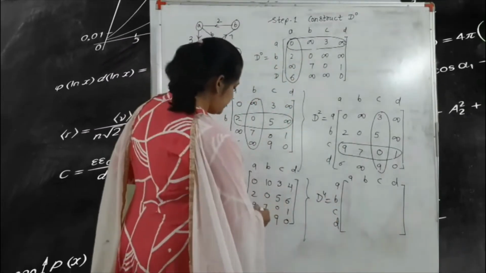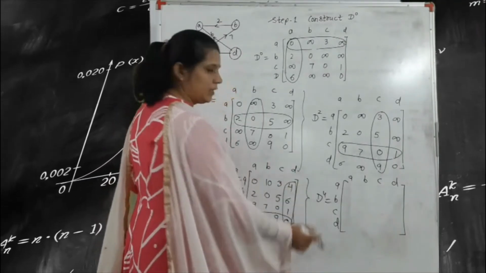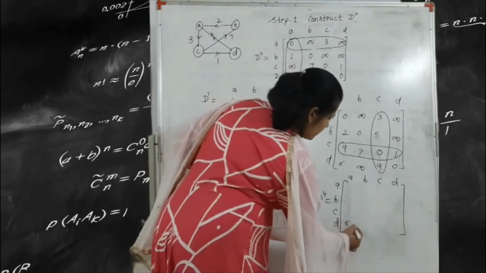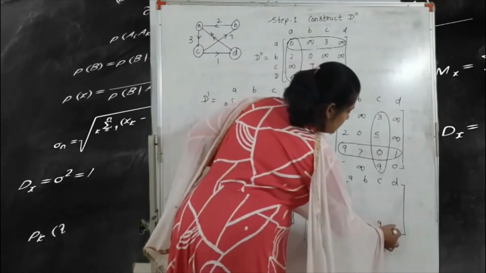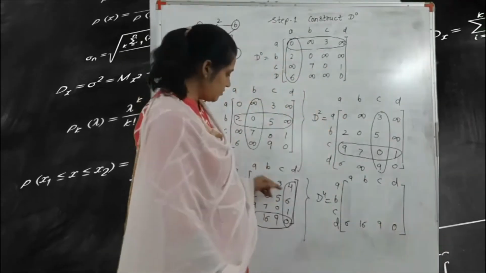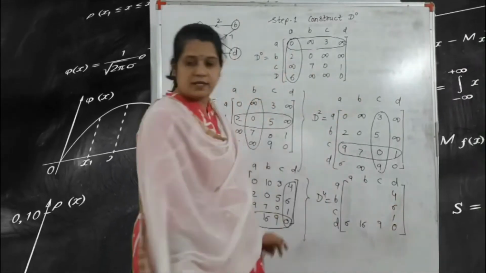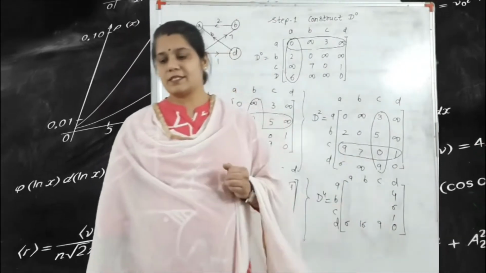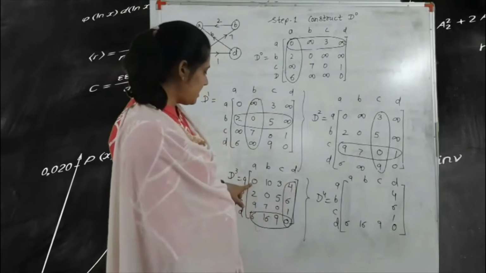So you highlight here the fourth row and fourth column. So the fourth row is what? 6, 16, 9 and 0. And the fourth column is 4, 6, 1, 0. With the help of these, we write these values.